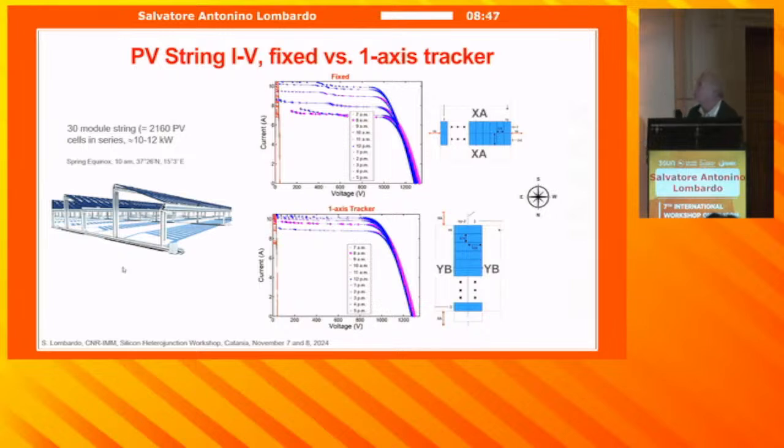If we use a one-axis tracker, the situation improves, but still there is a change, a slope in the IV curve.